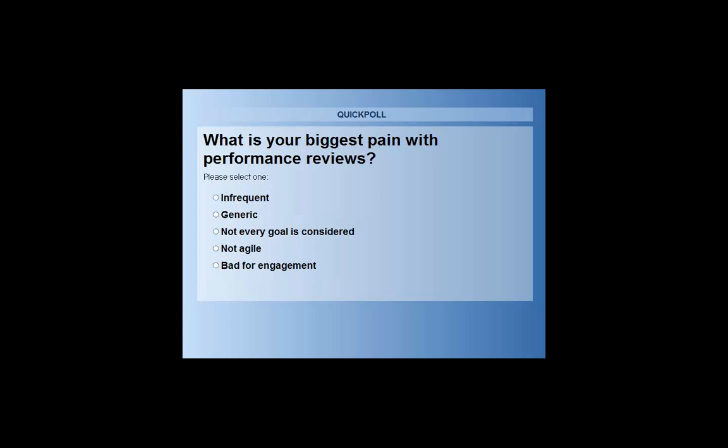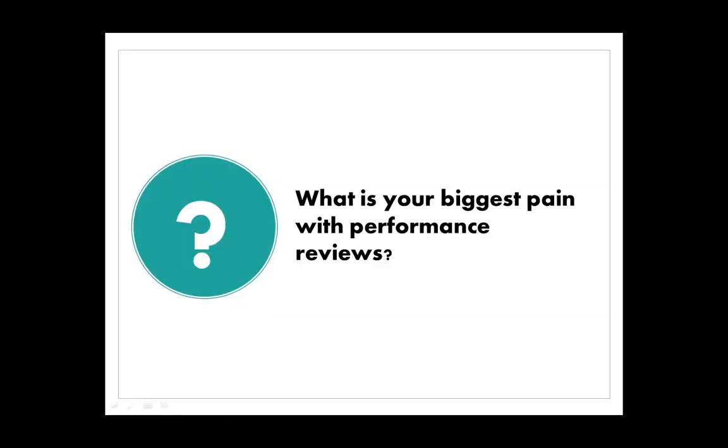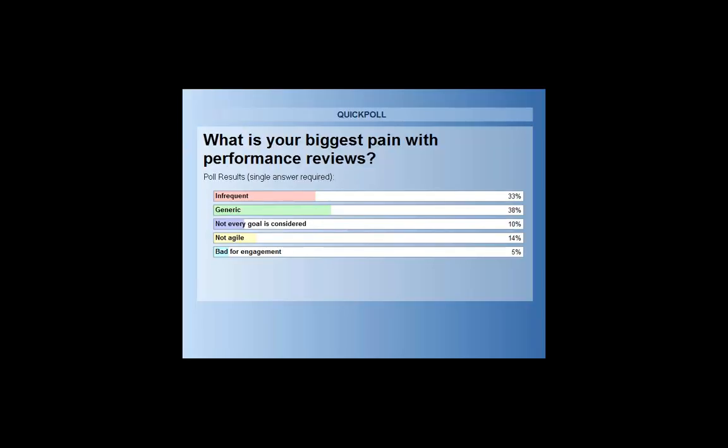All right, cool. We have decent participation, so I'll go ahead and close out the poll and share the results with everyone. Of the attendees today, 38% said that the biggest pain is that performance reviews are generic. 33% said infrequent. 14% said not agile. 10% said not every goal is considered, and 5% bad for engagement.